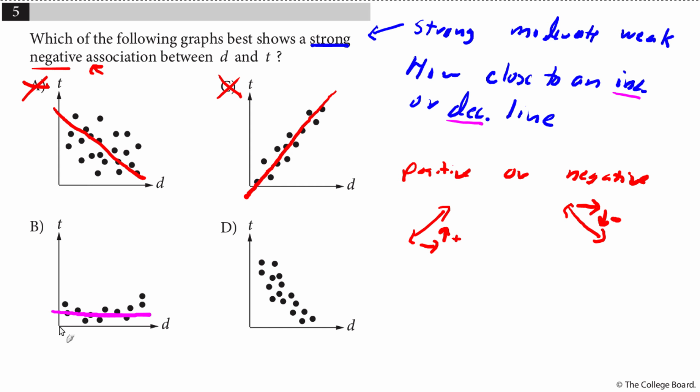In this case, you can see as d increases or d decreases, t doesn't seem to change. It always seems to be around the same, stuck in this type of interval, no matter how large or how small d is, with slight changes. So even though it looks like it's close to a line, this is approximately no correlation.